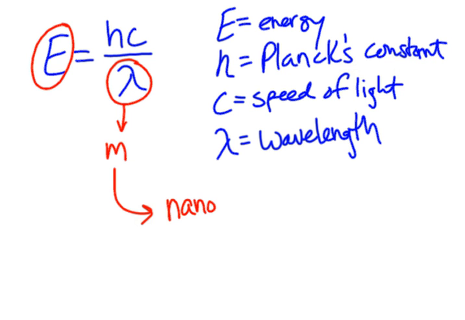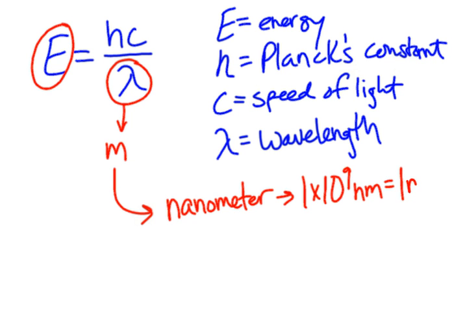A nanometer is a billionth of a meter, which means that 1 times 10 to the 9th nanometers is equal to 1 meter. You will need to do dimensional analysis to convert the nanometer value into meters when using this equation. Energy, its unit is going to be joules, capital J.